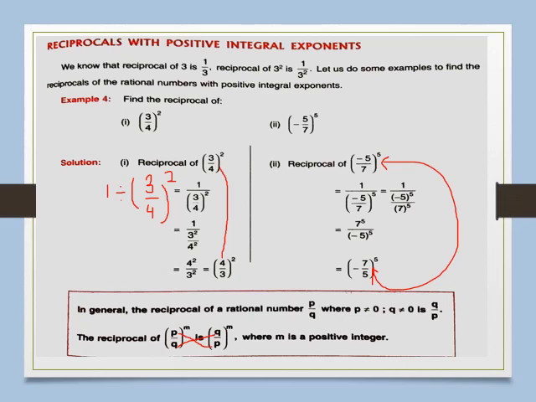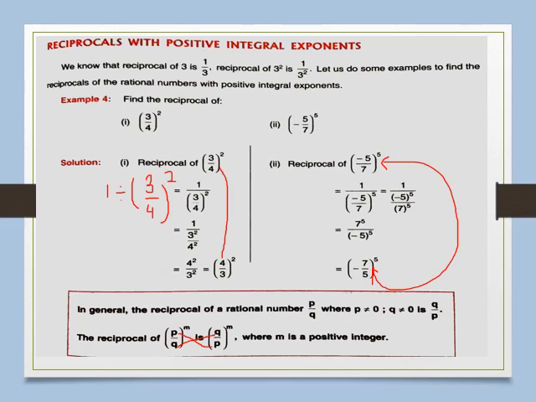So its reciprocal is minus 7 upon 5 raised to the power 5. Instead of going by this method, you can write the reciprocal of the given number directly. What you have to do is change numerators to denominators: the numerator becomes the denominator and the denominator becomes the numerator.